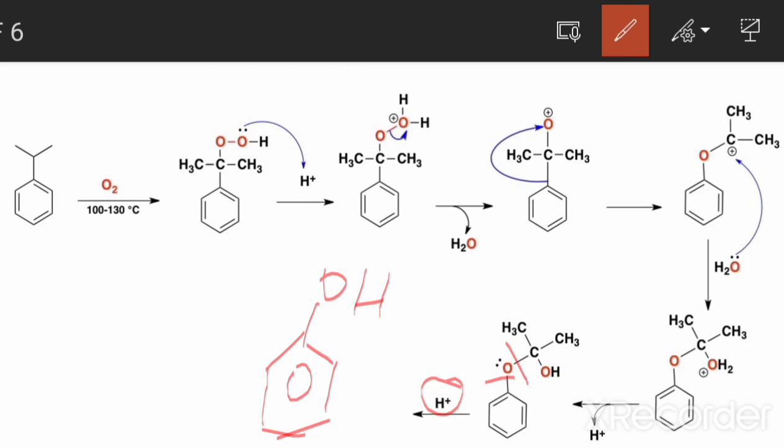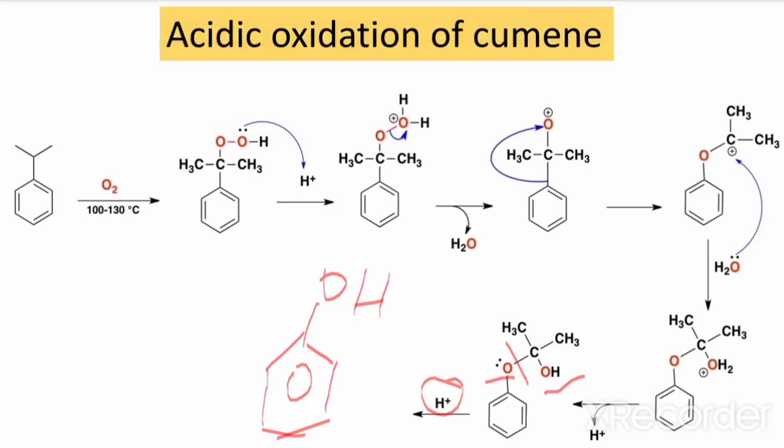When this oxygen gains the proton, the bond between carbon and oxygen breaks and forms an alcohol, a secondary alcohol. So our final product is phenol.